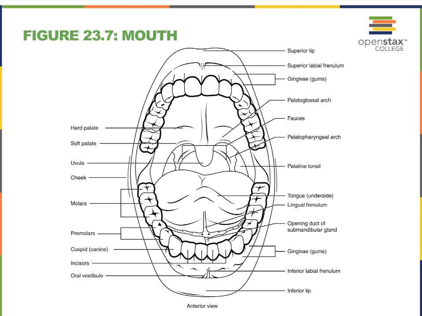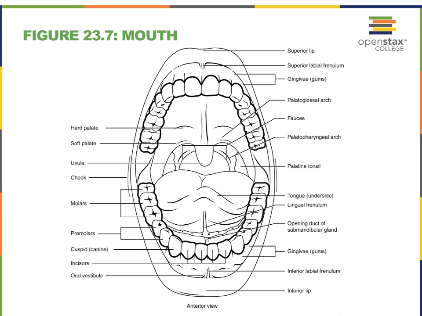The accessory structures that help out with mechanical digestion of the food are, of course, our teeth. We have a certain number of teeth. We typically have a total of 3 molars on either side of our mouth in the inferior portion and superior portion of our mouth for a total of 3, 6, 9, 12 molars.